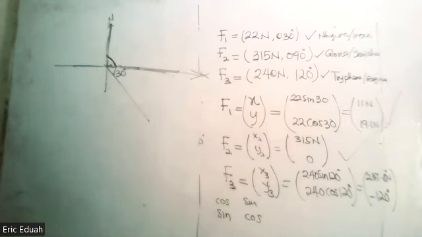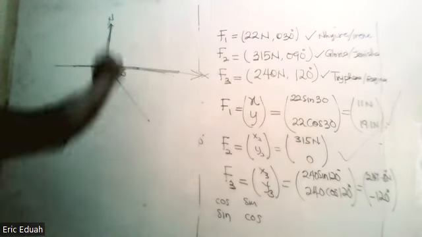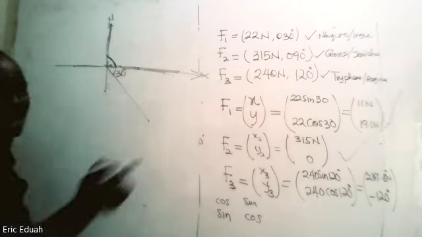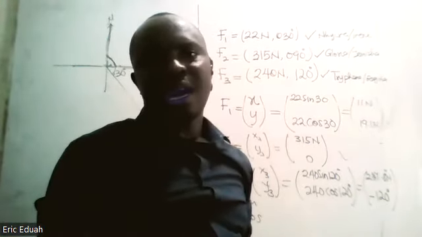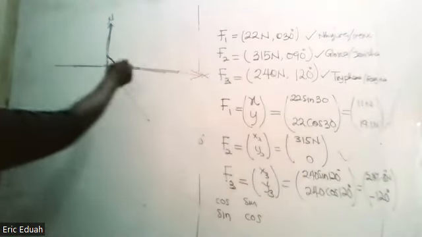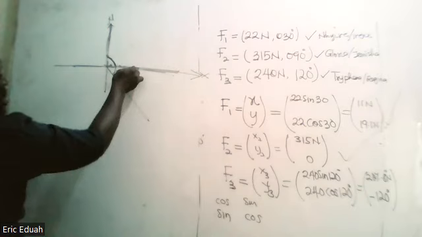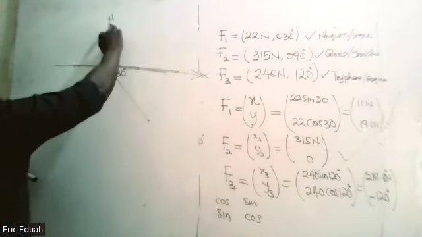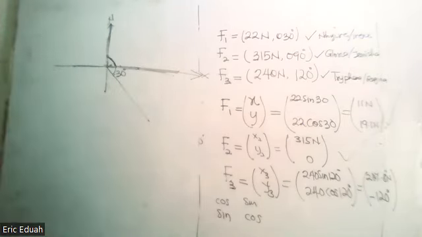Please do not make the mistake, because in bearings, angular measurement is from the north. If you are not careful, you determine the angle anti-clockwise. The moment you go this way, it is wrong because we are taking it to the north.